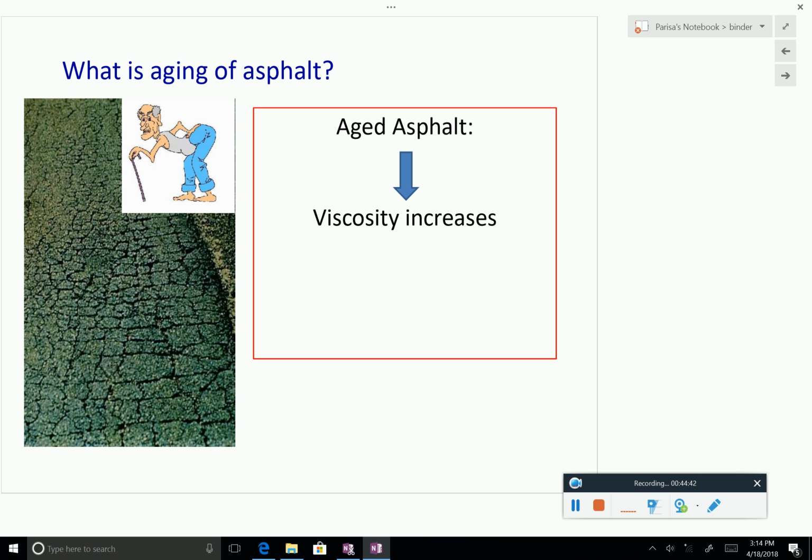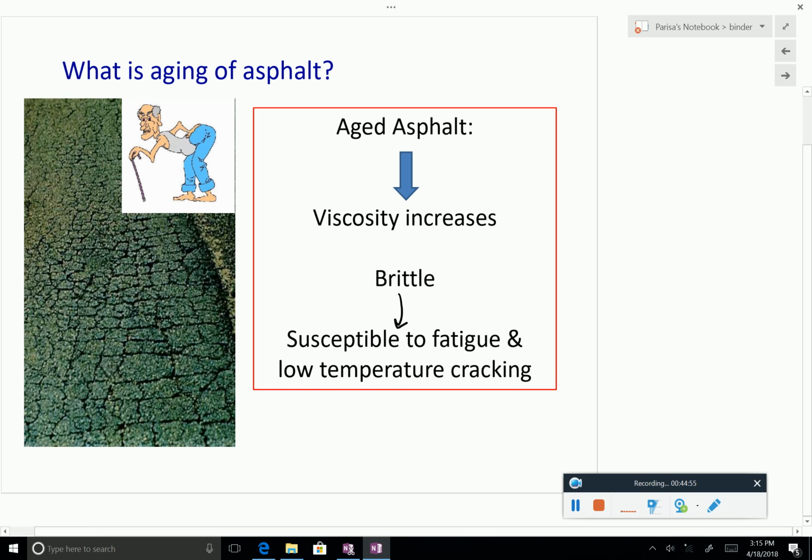And what happens then? If the viscosity goes up, it becomes more brittle, right? And then it becomes more susceptible to low temperature cracking and fatigue cracking. So everything goes back to viscosity and how it affects the deterioration of the material.